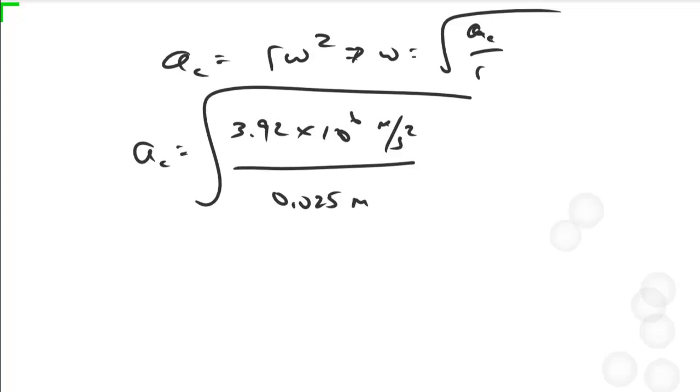These meters actually cancel out, and it's not that it becomes unitless. Remember, we have meters over meters, but we put in radians as a placeholder for angle. And so we have radians per second squared, square root of this. Square root of radians is actually still radians because it's actually unitless. And so the square root of second squared is seconds.